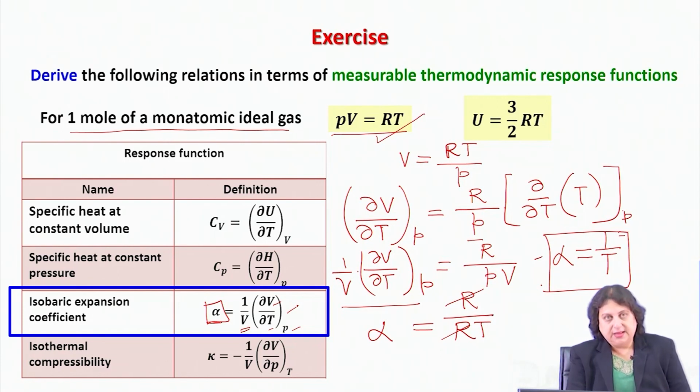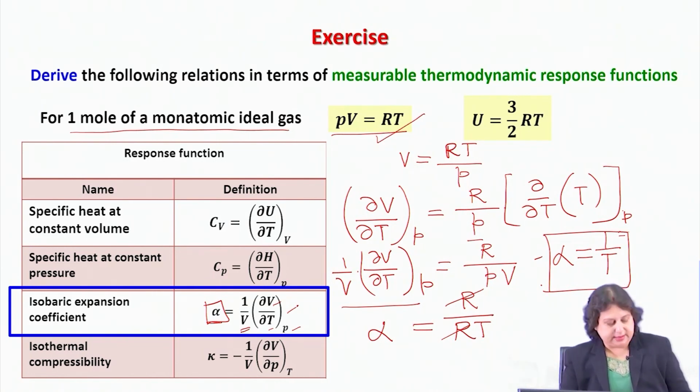It tells me that if I know the temperature at which the ideal gas is present, then I can immediately say that the isobaric expansion coefficient is equal to 1 by T.